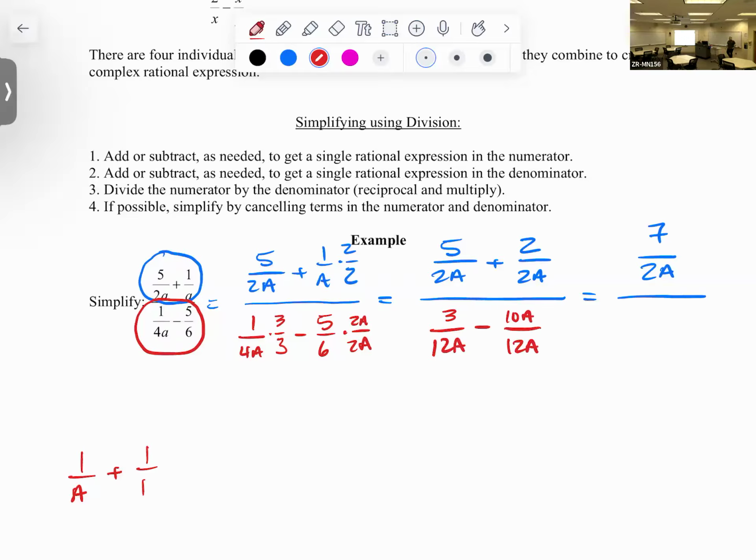Once you have a common denominator, you can put it all over one fraction, and those don't combine, so that just becomes 3 minus 10a.